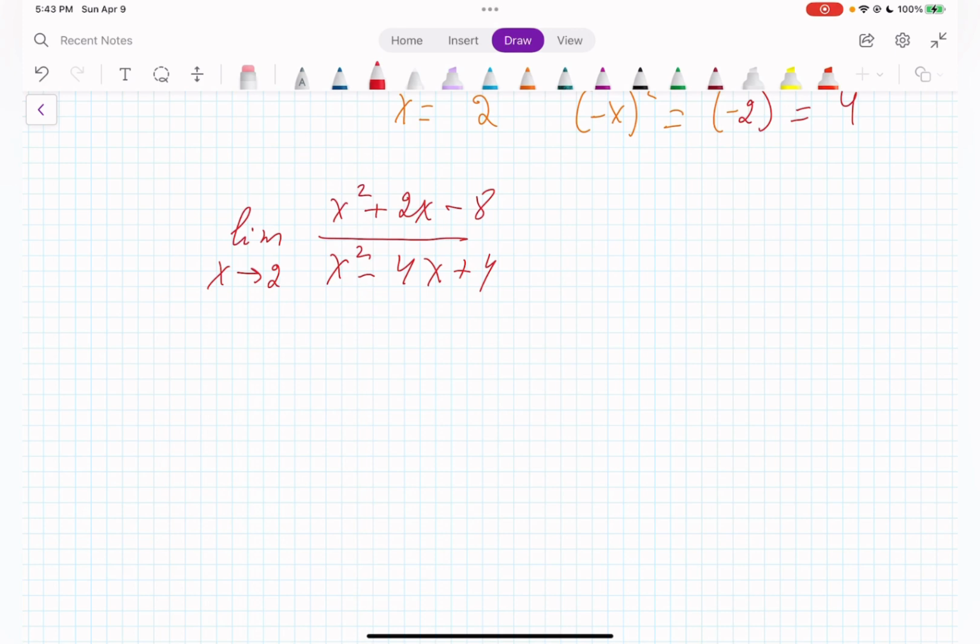I can break it down. Let's break down this one also. Factor it. x squared plus 2x minus 8: how can I factor it? x plus 4 and x minus 2.